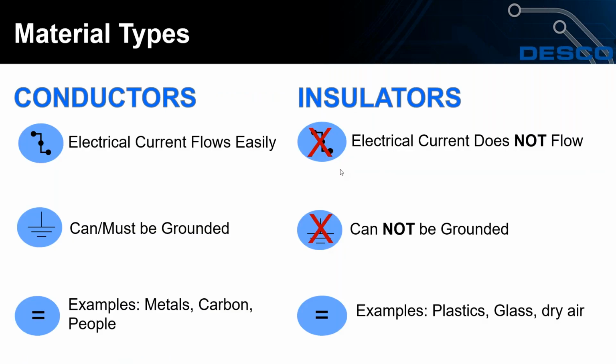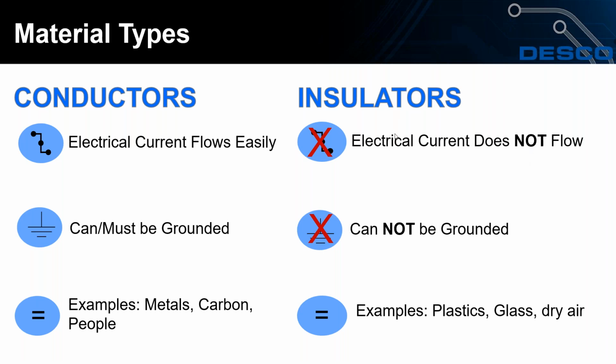So let's talk about material types that we have to deal with and that we have to control in our environment. One of the most important things we need to do is ground conductors. And there's leads of the IC, the human, whether it's the body, a conductive tote box, packaging materials, things like that, we need to keep those conductors grounded or at equal potential.